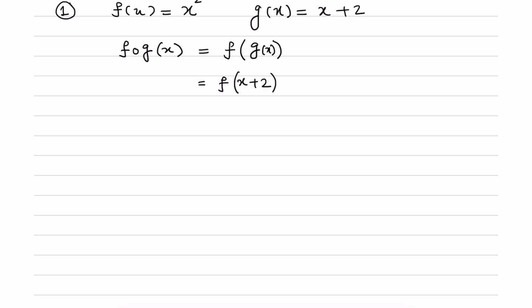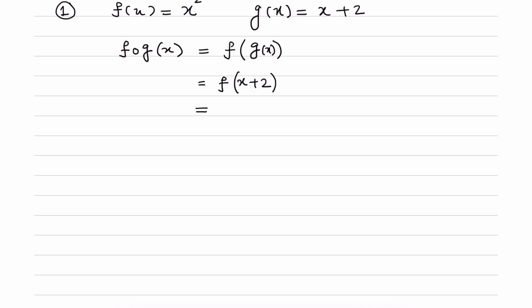Now that we have dealt with the inside function, which is g of x, it's time to deal with the function f. And for the moment we will forget this argument. Now the outside function f, which we are going to deal with now, is x squared.